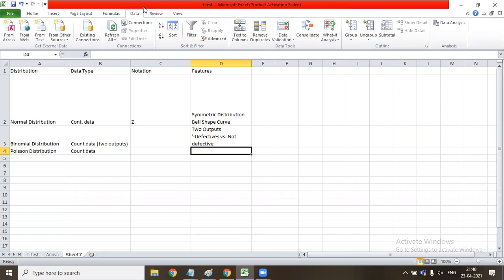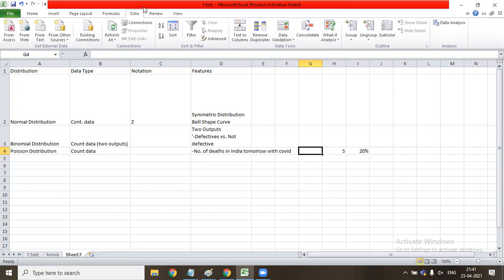Yes, sir. So it is used to calculate, for example, it will give the output like 5 deaths, 20% probability.